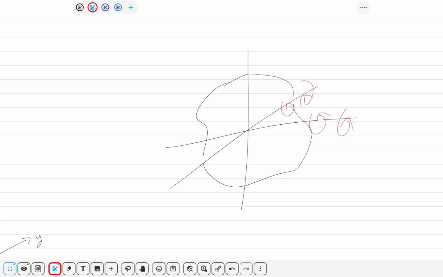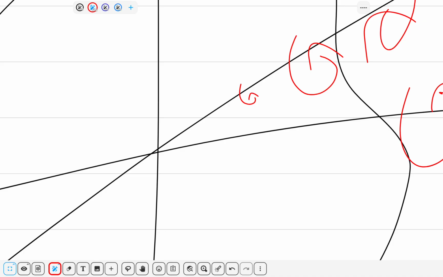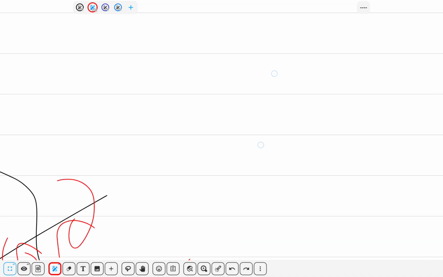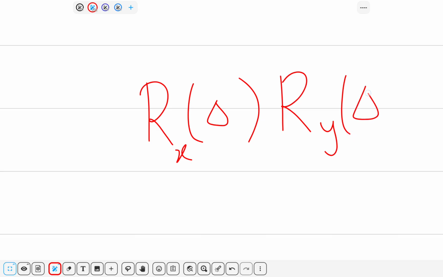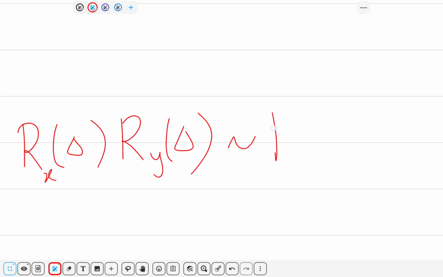Both will give you completely different orientations. But for very small angles, rotation is almost commutative. Like for small angles, these two almost become equal.